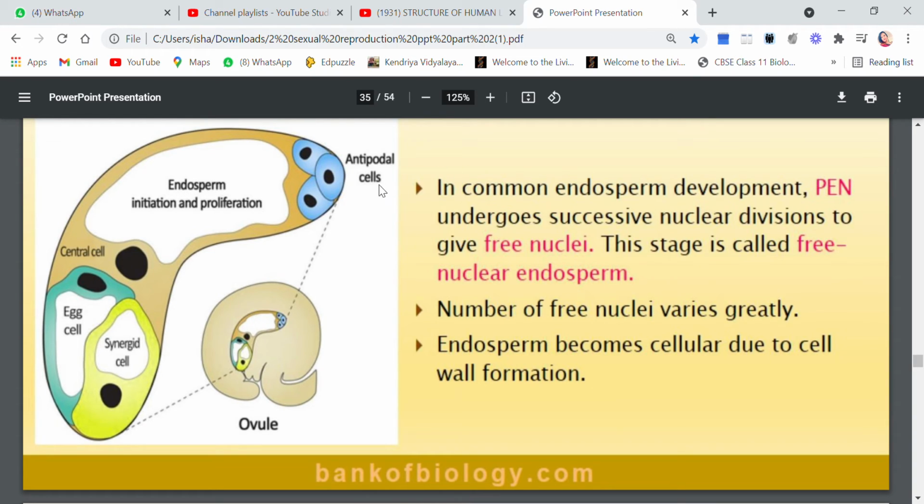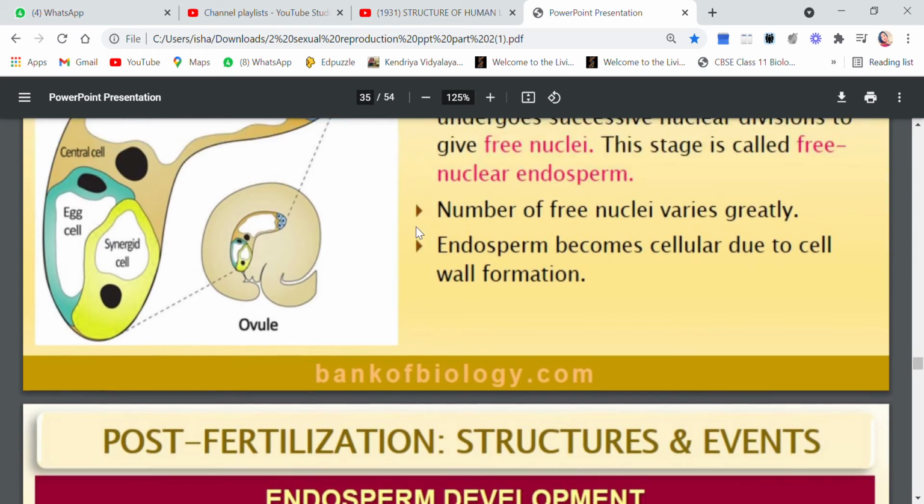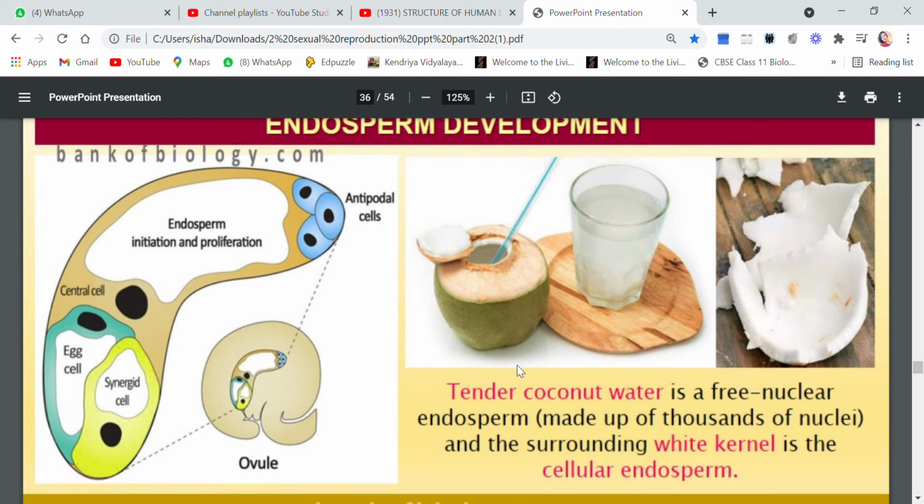I just want to mention here that karyokinesis is not immediately followed by cytokinesis. It will be followed by cytokinesis, but there will be a gap of time, right? You must have taken coconut. The tender coconut water is free nuclear.